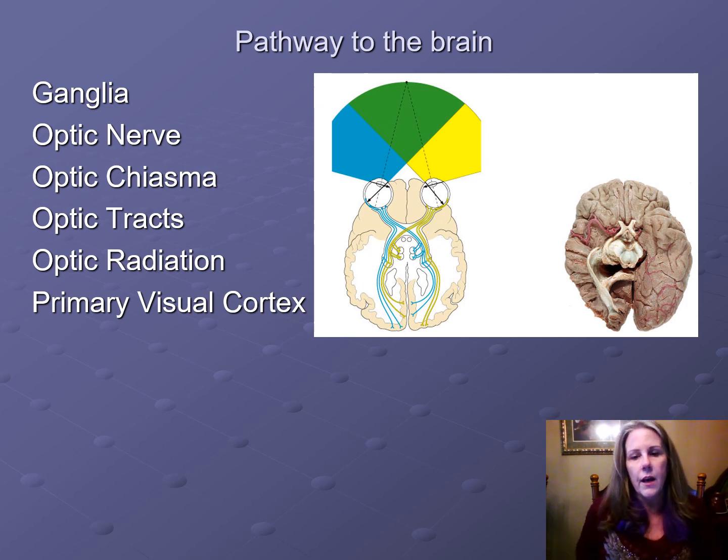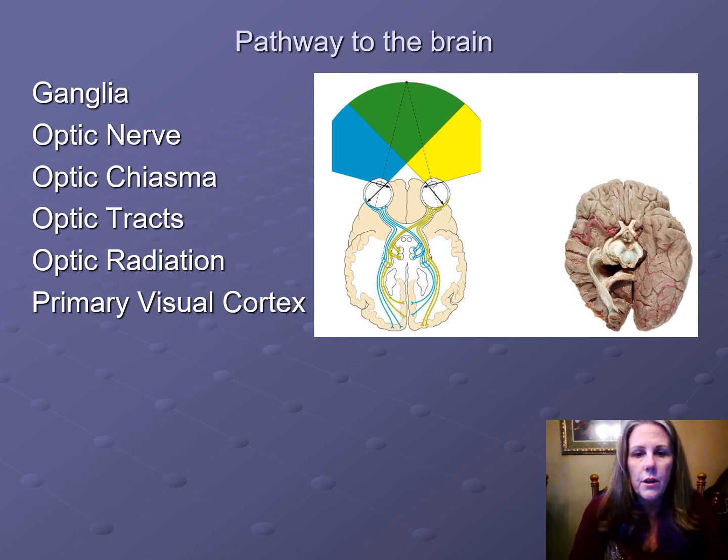Now we know that the axon of the ganglion cell is transmitting that nerve impulse, and it will take it to the brain. So here we are at the optic nerve. Now notice this one is blue.